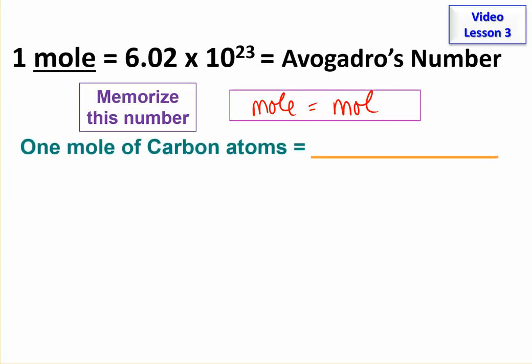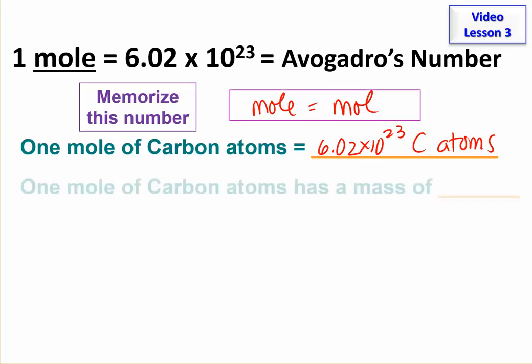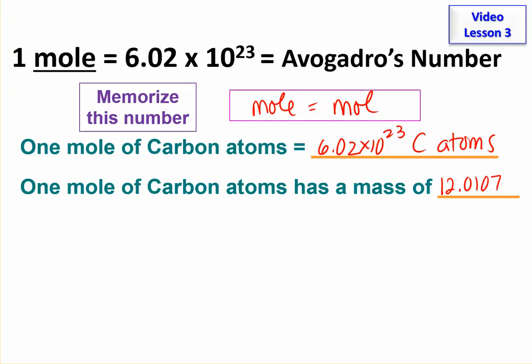Okay, so using the word, 1 mole of carbon atoms means 6.02 times 10 to the 23rd carbon atoms. So that's what we mean when we say a mole of carbon atoms. And here's the fun part. 1 mole of carbon atoms has a mass of 12.01 grams, and that's not rounded off much at all.